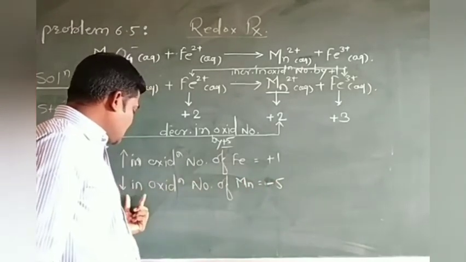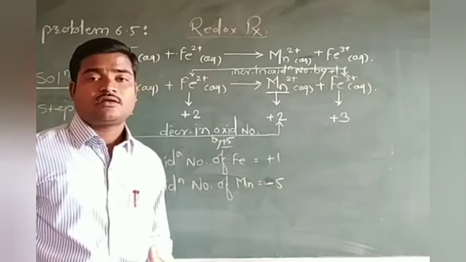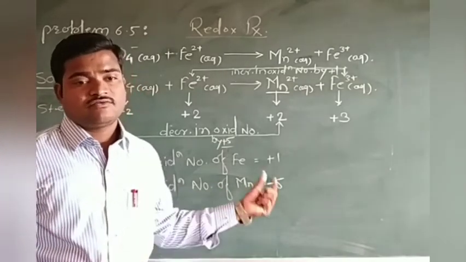So the decrease in oxidation number of Mn we write as -5.